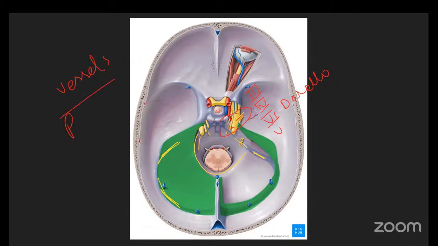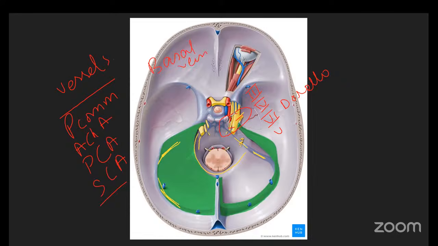What are these? We have PCOM, right? We have the anterior choroidal artery in this region. We have the PCA in this region. We also have the superior cerebellar artery in this region. And when we talk about the veins, not inferiorly, just generally in this region. This is the perimesencephalic region, by the way. So the veins are going to be the basal vein, which are paired.